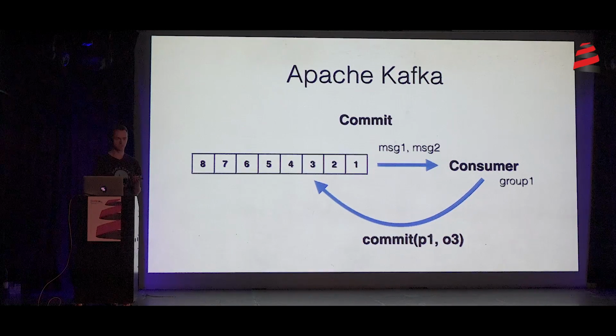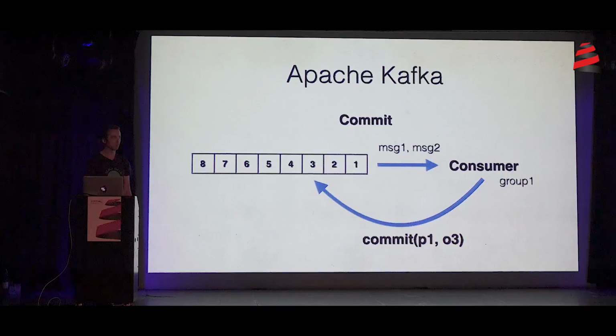Another important thing in Kafka is acknowledging messages. When we read messages from Kafka, at some point we have to acknowledge that the messages are processed. There is a commit method in the Kafka client, and we call commit with an offset number.